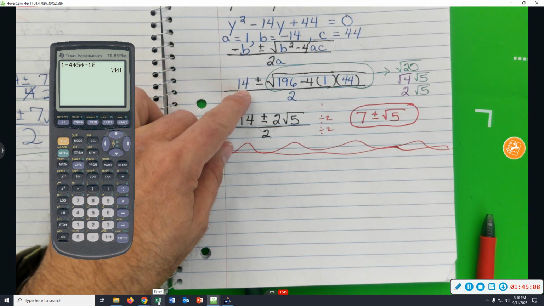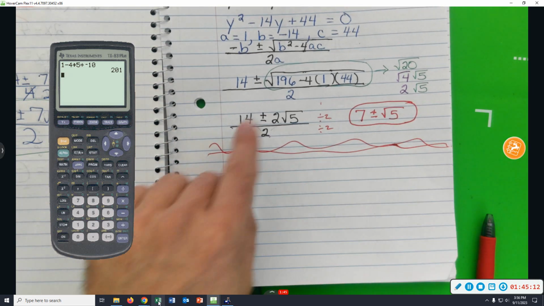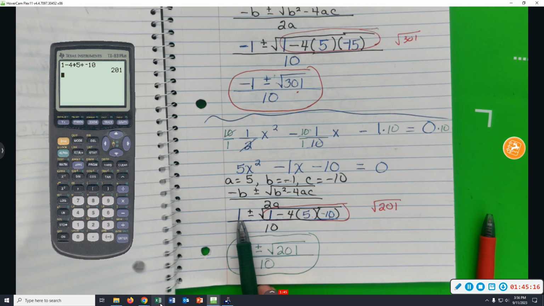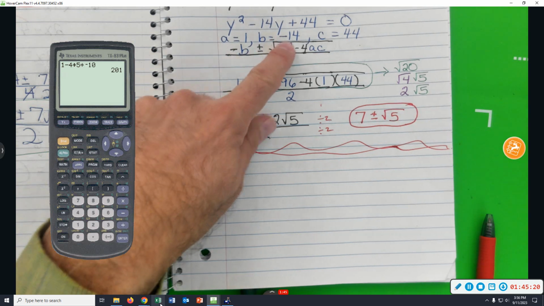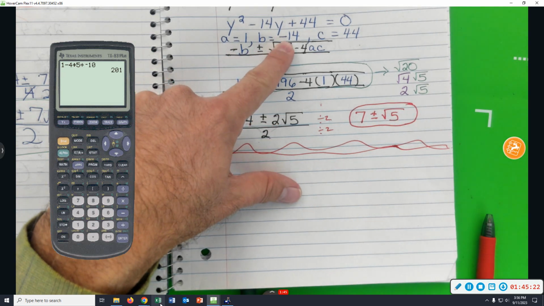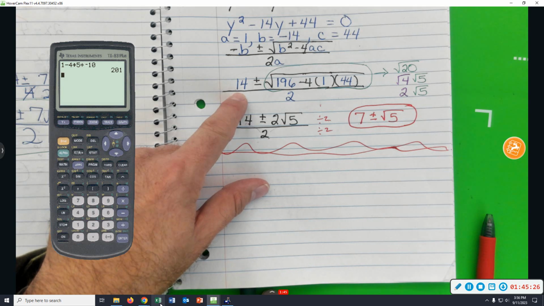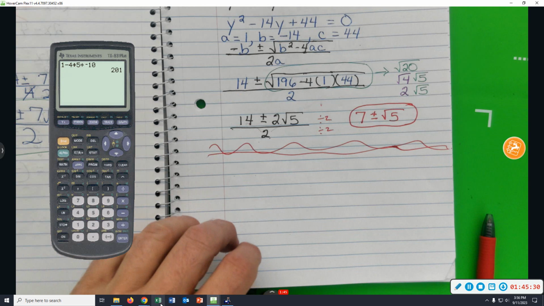It's easier to see when it's not the number 1 right there. Negative b: change the sign on b. Negative, negative 14, positive 14. Okay? Any questions there?